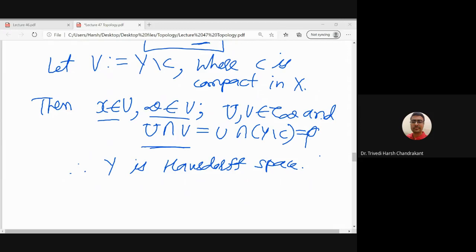Then Y is also a compact Hausdorff space with respect to tau infinity. The original space was locally compact, but now we have a capital Y which is a compact space. Okay, so let me stop here.